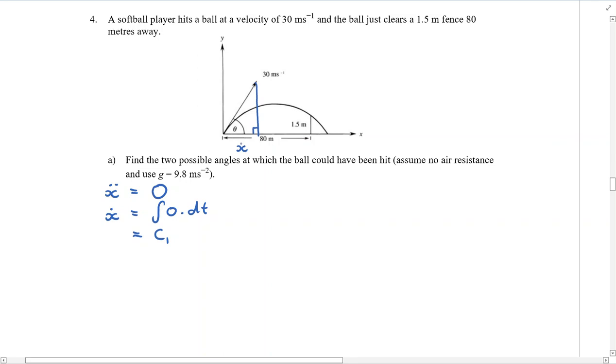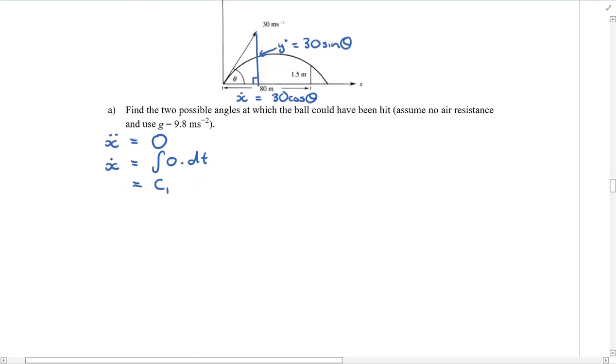X dot, for velocity, is going to be the little side on the bottom there, and it's going to be 30 cos of the angle theta because it's the adjacent side, right? And the y dot, which will be this vertical side here, does anyone else want to do it? 30 sine theta. Perfect. So I now want to find what C1 is equal to.